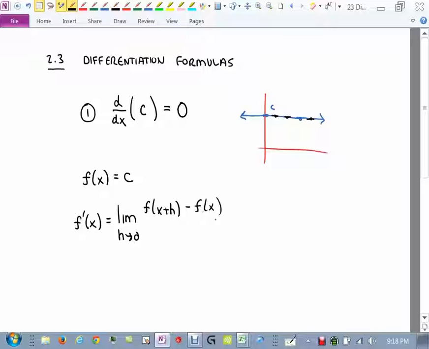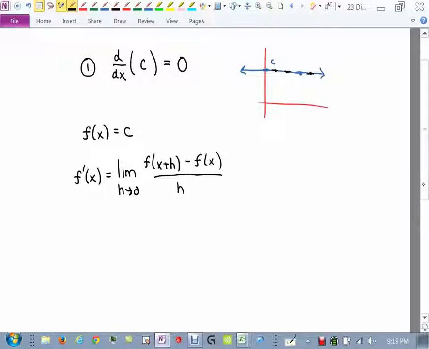But the limit as h goes to 0, what is the function's value at x plus h? Well, it doesn't matter because that function spits out c all the time, minus the function's value at x, but that doesn't matter because it always spits out c, all divided by h. And now what we get is c minus c is 0. Now, we're not saying it's approaching 0, we're saying it is 0.